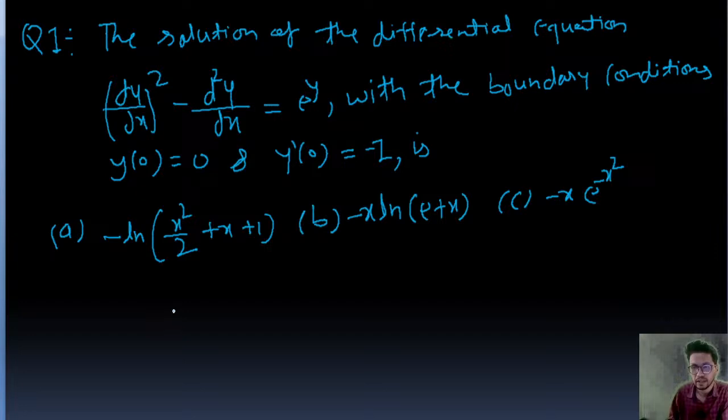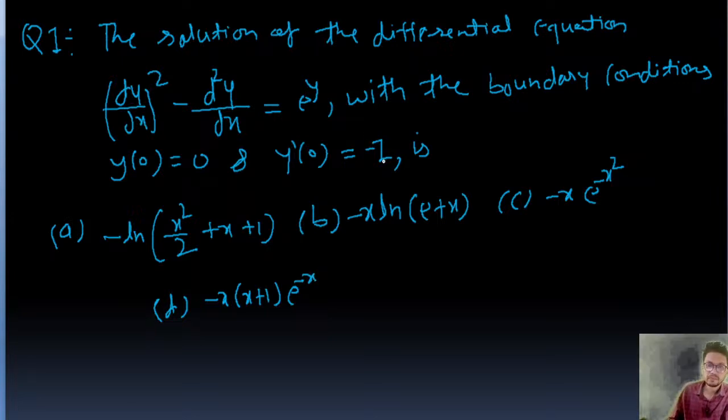And option D is minus x into (x plus 1) e to the power minus x. So this is the question, guys, a simple question: the solution of the differential equation (dy/dx) whole squared minus d2y/dx2 equals e to the power y, with boundary conditions y(0) equal to 0 and y'(0) equal to minus 1, is.